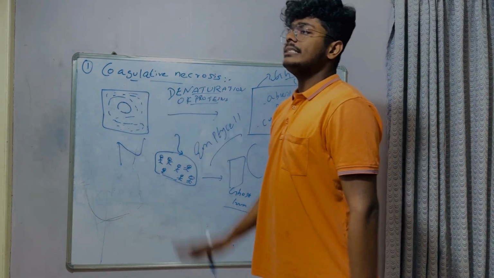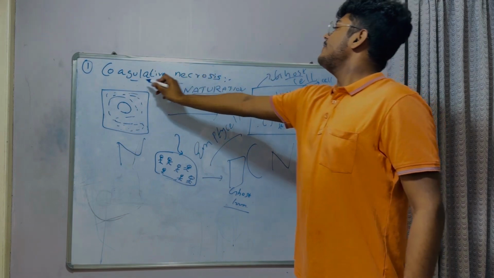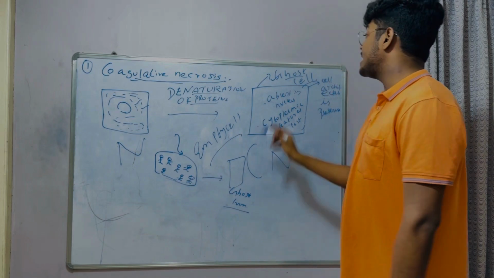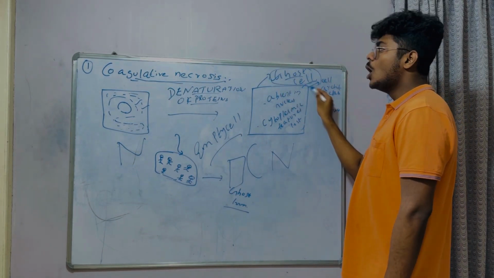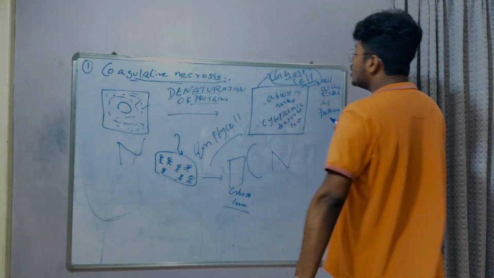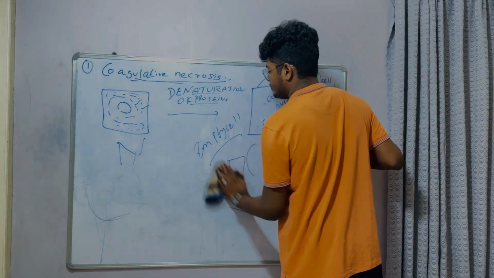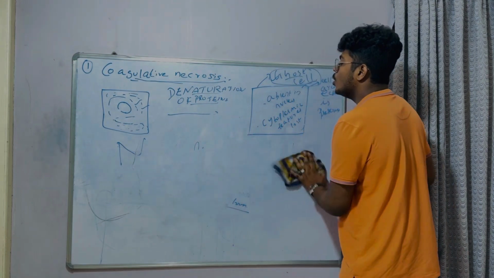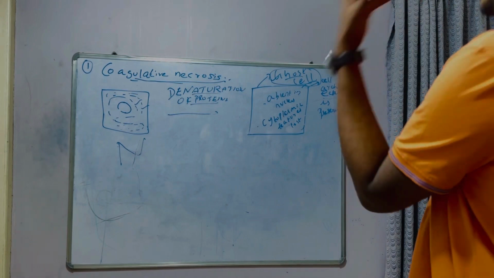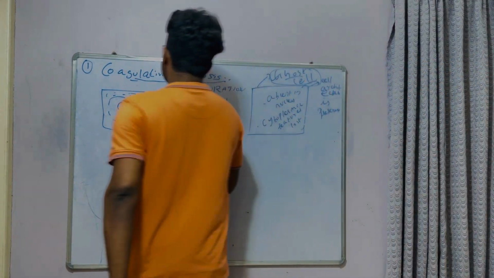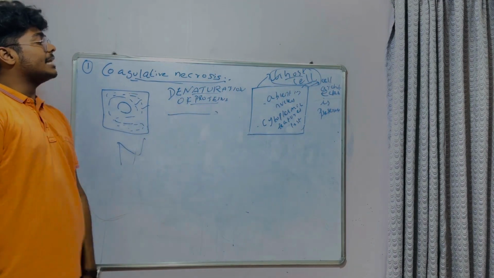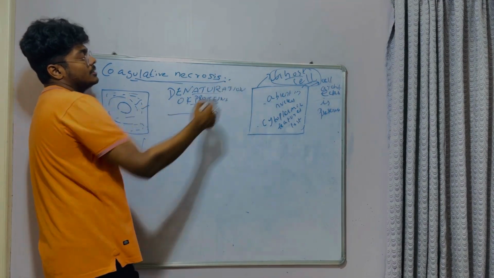The coagulative necrosis cell is lost in nucleus and cytoplasmic features, and it is called a ghost cell. What is a ghost cell? It is an empty cell. The coagulative necrosed cell, devoid of nucleus and the loss of cytoplasmic features, is called a ghost cell.